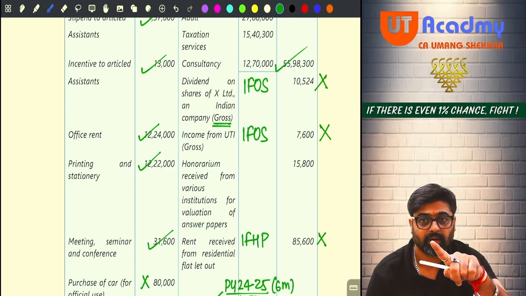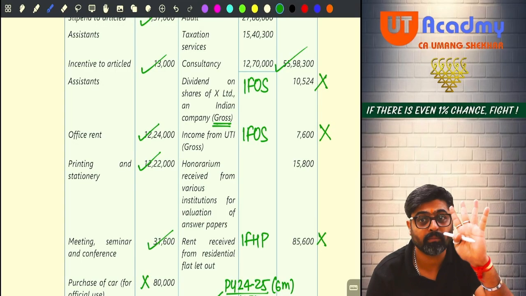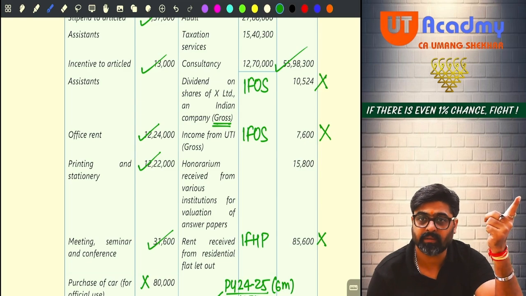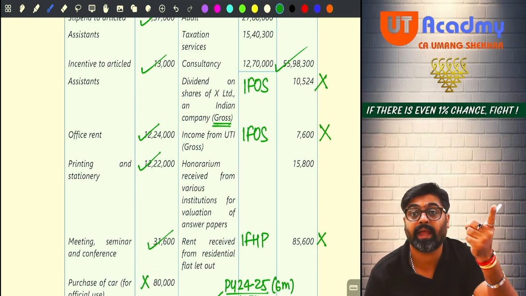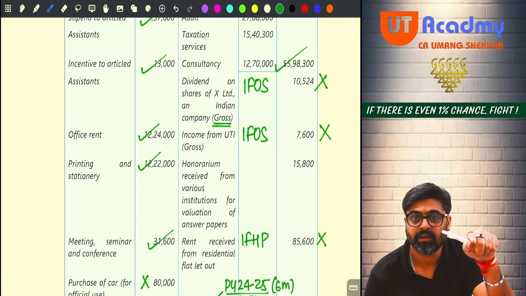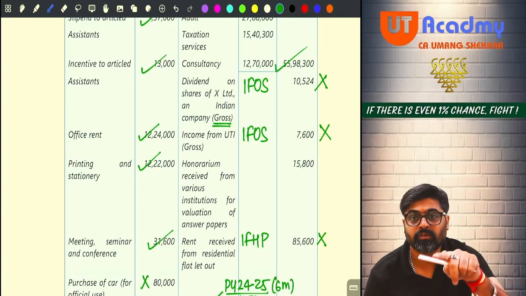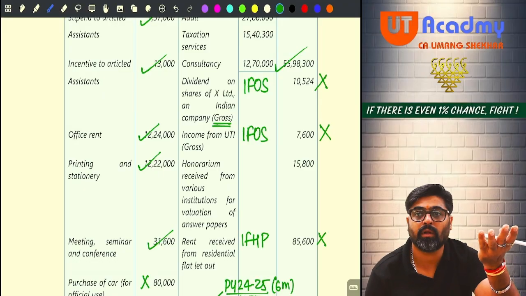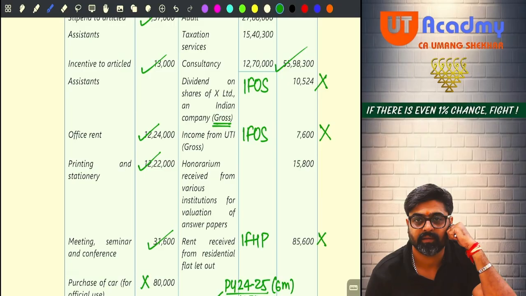But wait, TDS was deducted from both these amounts. Under section 194, from dividend, TDS was deducted 10%, and under section 194K, dividend from units of UTI, dividend from units of mutual fund. On those units, if the dividend is more than 5,000, 10% TDS is deducted.